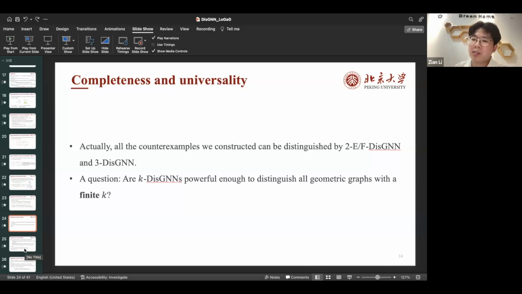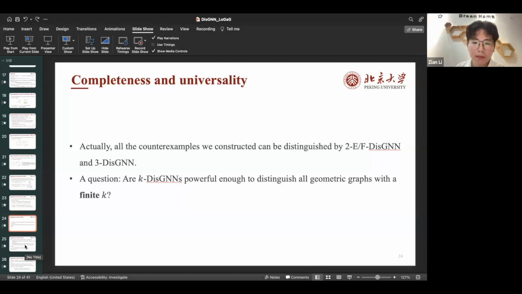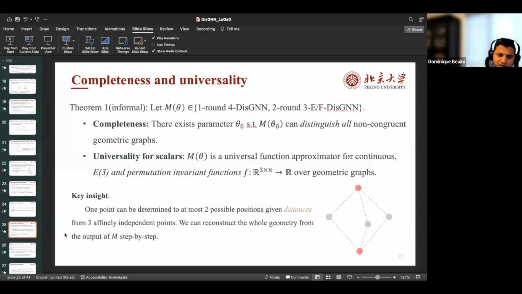So you're saying that your model with K equal 3 is complete? Yeah, right. Okay, and this is complete in 3D.